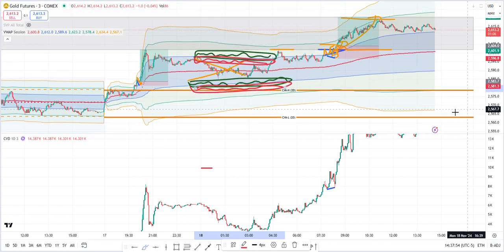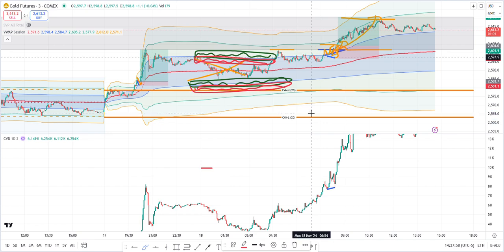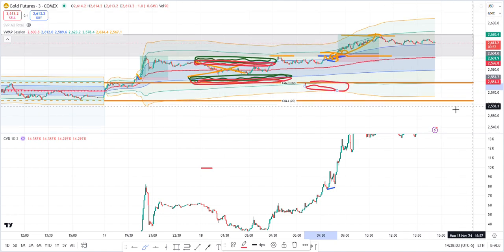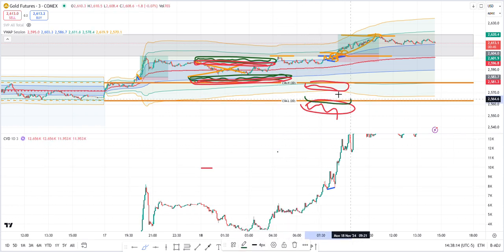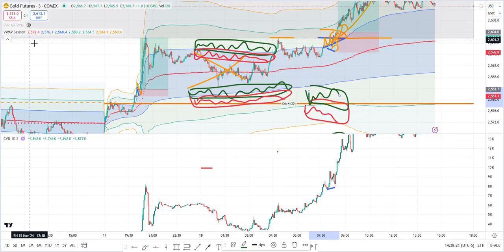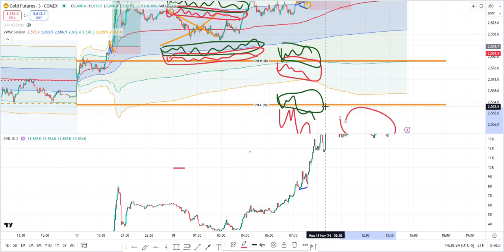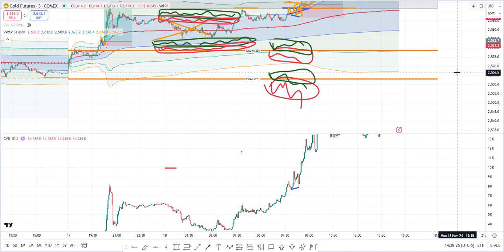And a buying zone and a selling zone, as well as here a selling zone and a selling zone. And then a buying zone and a buying zone. That's kind of an easy way to remember it.